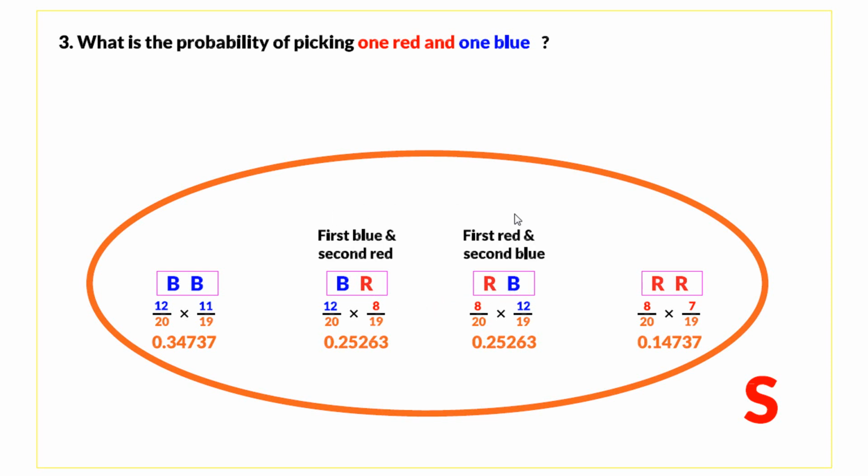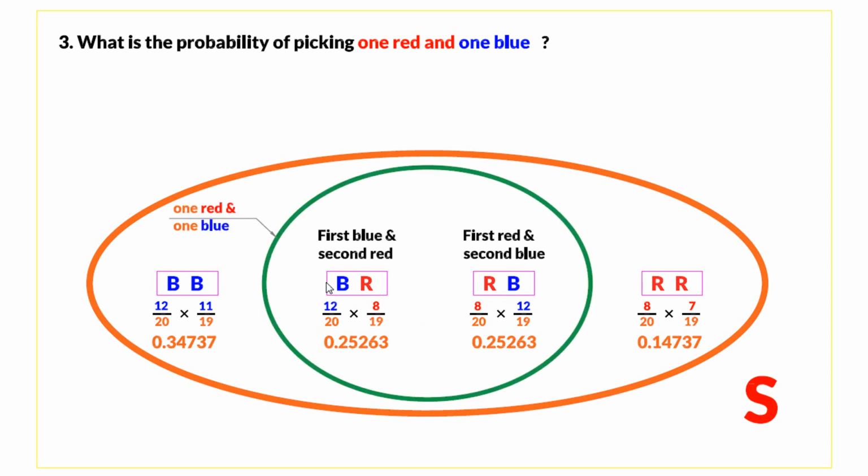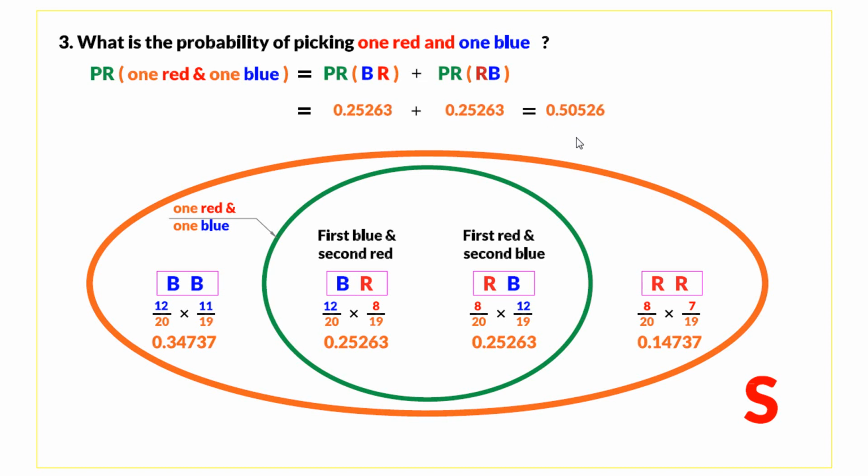So the union of these two disjoint events creates the event of one red and one blue in any order we want. So the probability of this event is the probability of blue first, red second, or red first and blue second, which is the sum of these probabilities, and that is equal to 0.50.